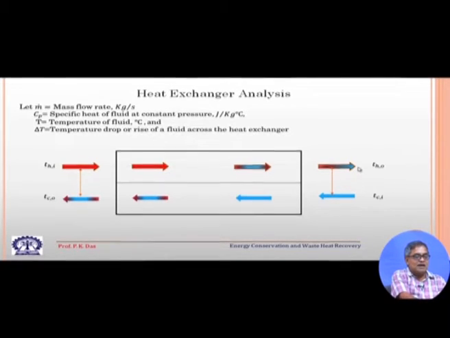Similarly, at the other end, the temperature difference is T_HO minus T_CI, which could be delta T2, if we take this exit end as 2. So, these are different symbols or notations which we use for heat exchanger analysis.